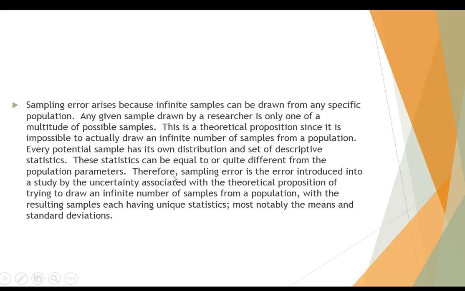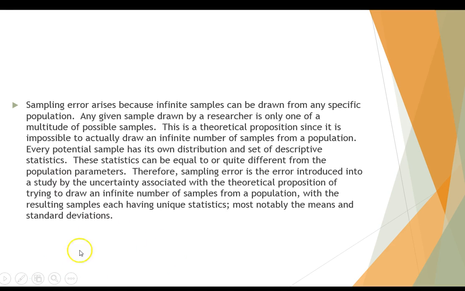Therefore, sampling error is the error that is introduced into a study by the uncertainty associated with trying to draw an infinite number of samples from the population. So it means any error that results from a sample not representing the population. You want to reduce that sampling error as much as possible by ensuring that your sample does follow the population.